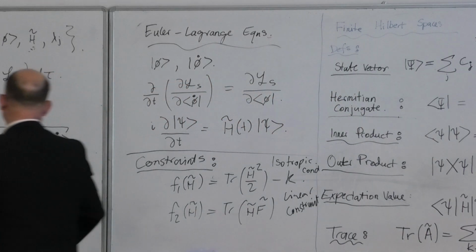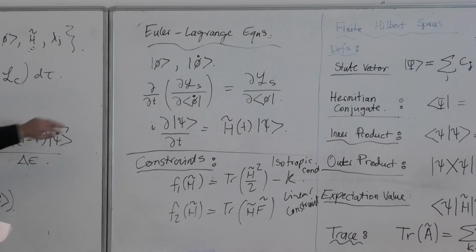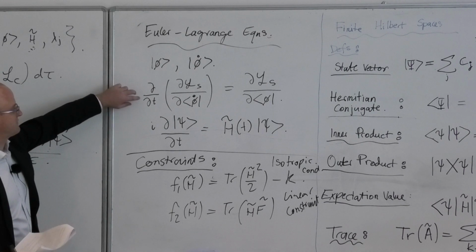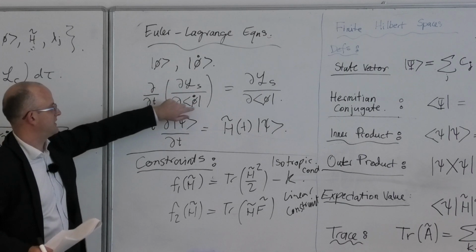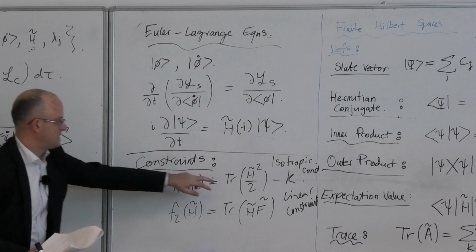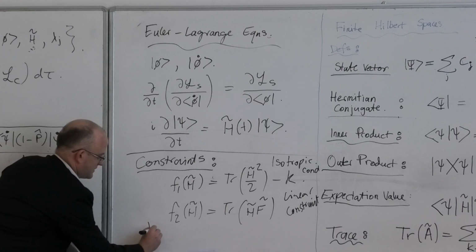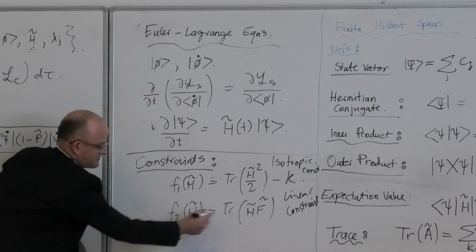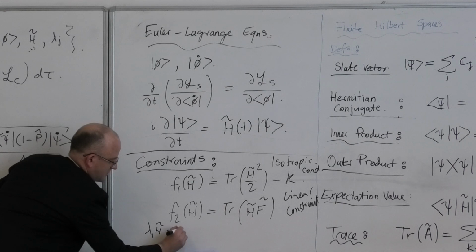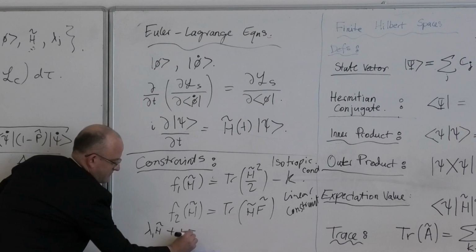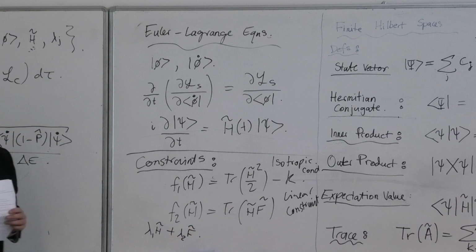Basically, when you do this Euler-Lagrange equation, in this case you substitute h, and this thing will contribute an amount lambda 1 h, and this second bit will contribute lambda 2 f.